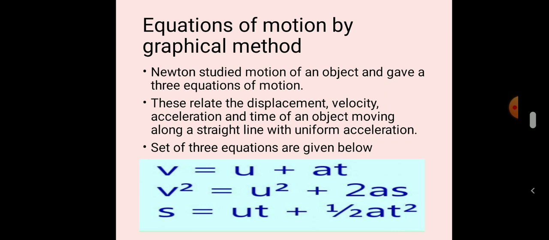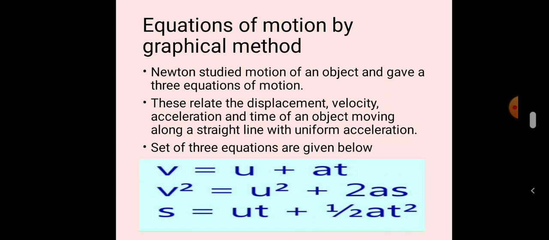These parameters are displacement, velocity, acceleration, and time. But even though equations are great for describing situations, sometimes one needs a picture to get a better understanding. Hence, a mathematical picture called a graph is the best way to convey the events in a compact form for better understanding. So, let us derive these equations of motion by using graphical method.